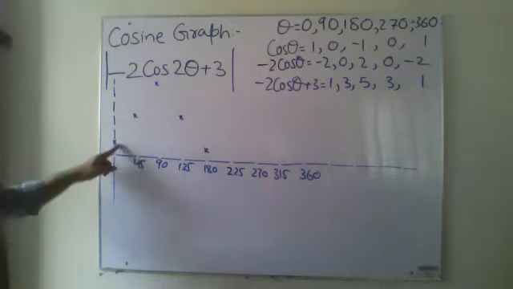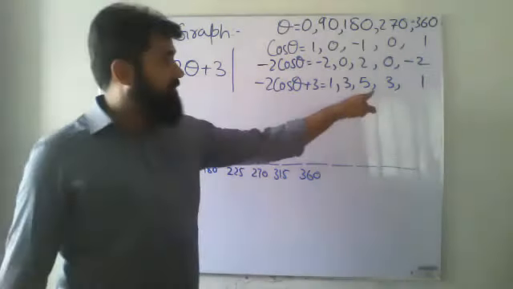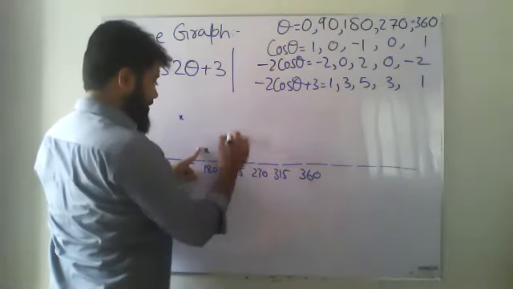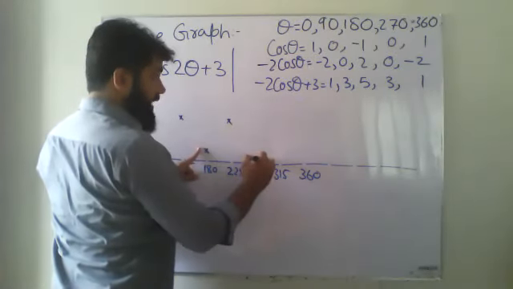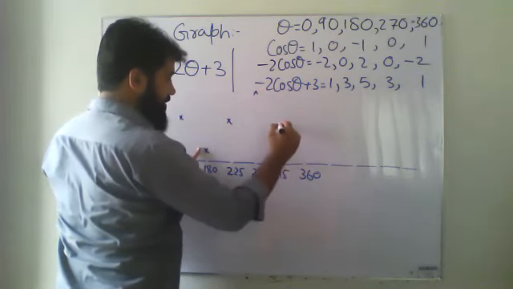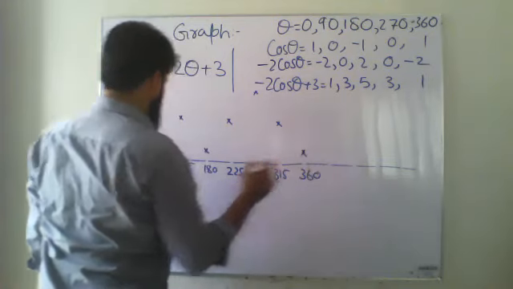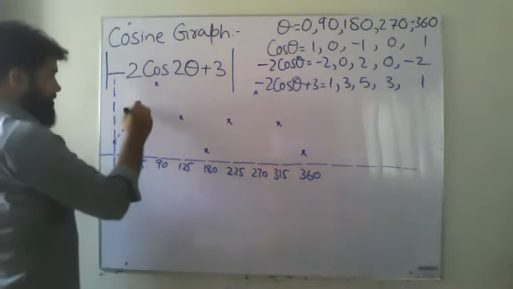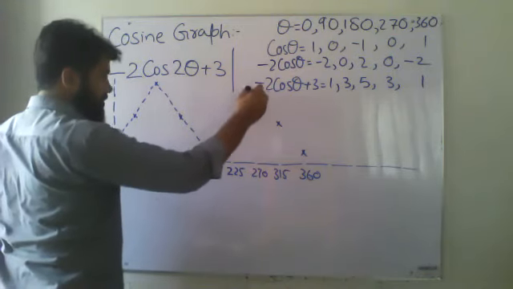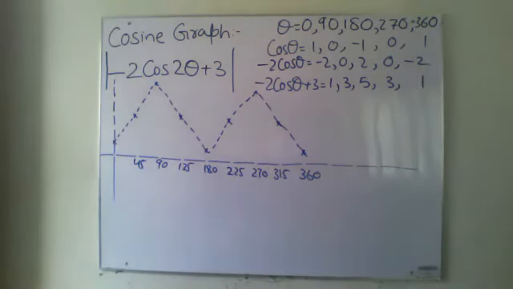Okay? 1, 3, 5, 3, 1. I'm standing at 1. So next will be 3, then 5, then again 3, and then again 1. So when I connect them, this will be my result.